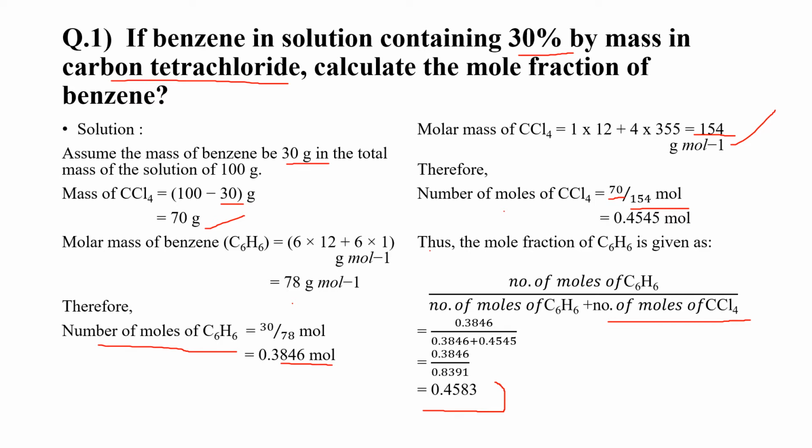So by this method, we can easily calculate the mole fraction of benzene. Now come to the next question. Here, the second question is, if 1.202 gram per ml is the density of 20% aqueous KI. What is given?